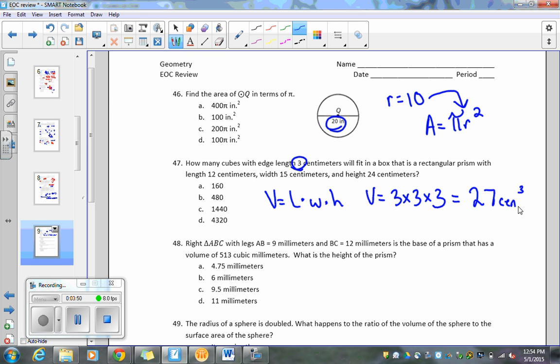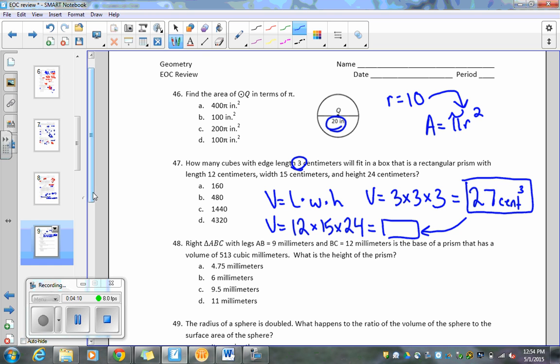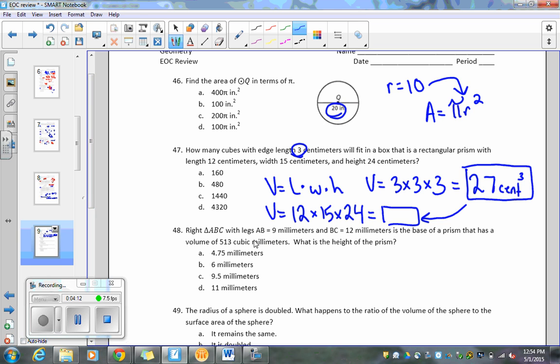I did not label that right, my bad. Now I would figure out the volume of my rectangular prism, which is 12 times 15 times 24. When I multiply all that together, I'm going to get a big number. Then I'm going to divide it by 27 to see which one is the right answer.